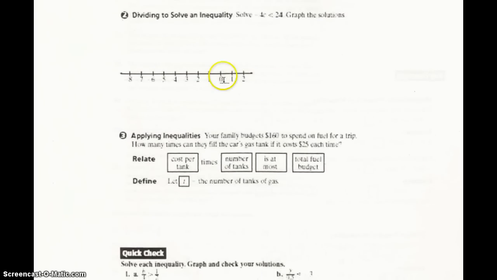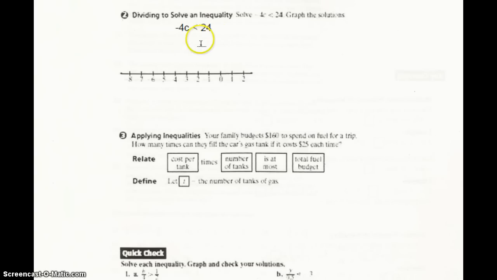So down here at the bottom, I have dividing to solve an inequality. So we already did a little bit of that up there, but I have that -4c, and then it is less than 24.